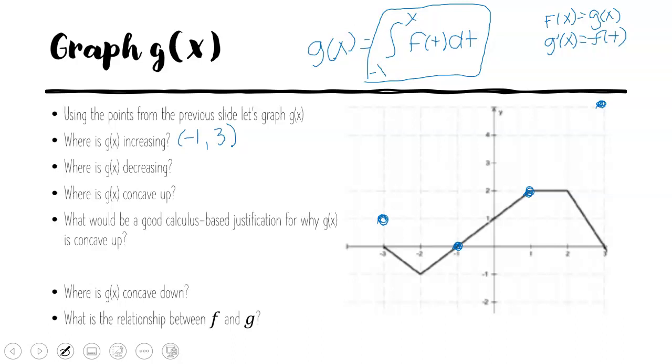It's decreasing when the graph is negative. G will be concave up if my derivative is increasing.